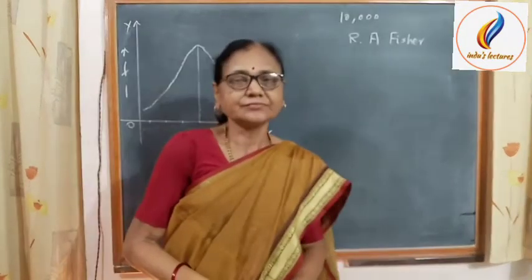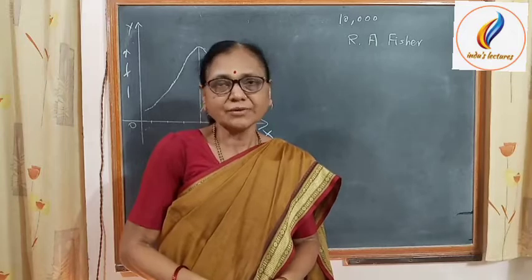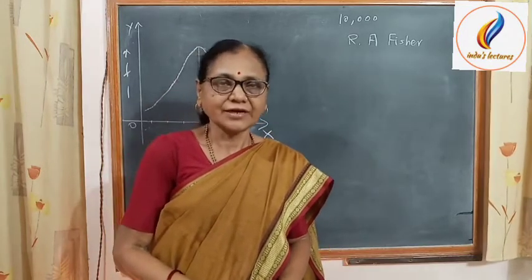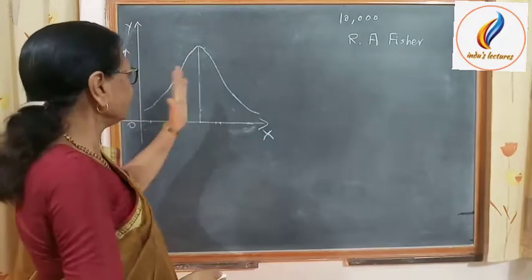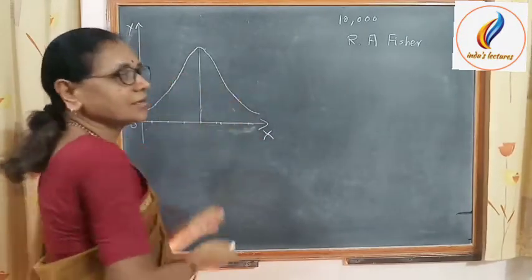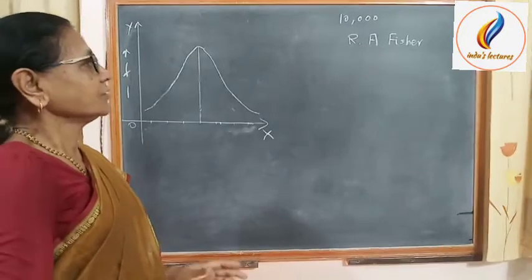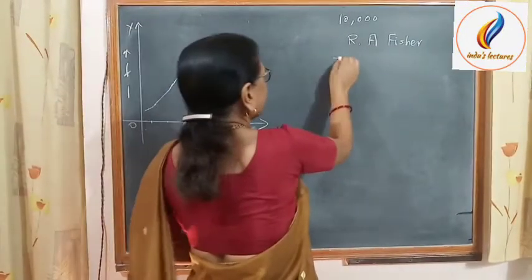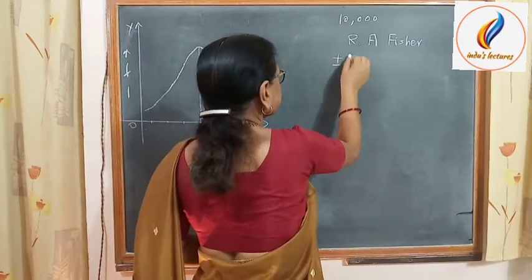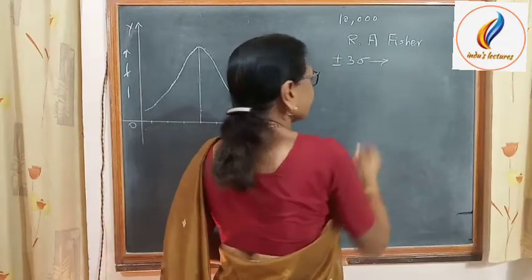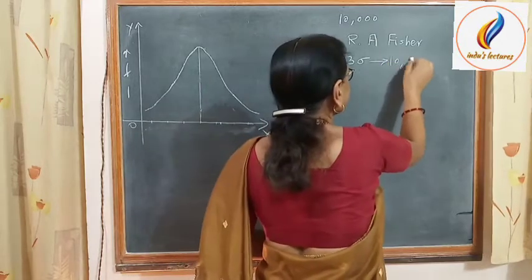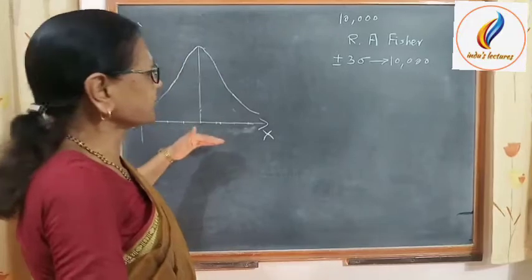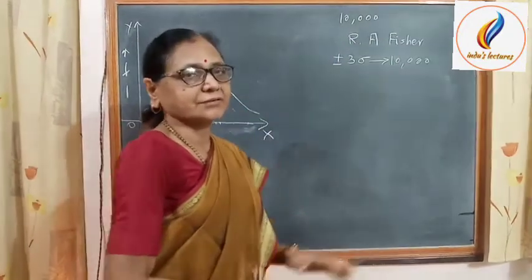By using the standard table, or normal curve table, we can find the area between mean and a given sigma distance. Between minus 3 sigma and plus 3 sigma, there are 10,000 cases. That means the total area under the curve is taken to be 10,000.